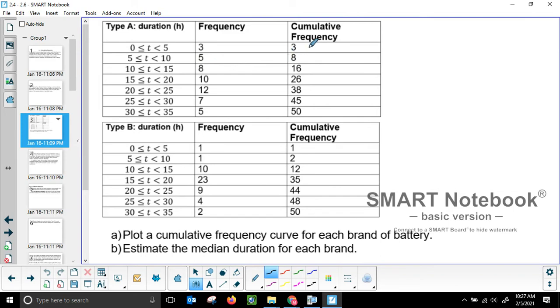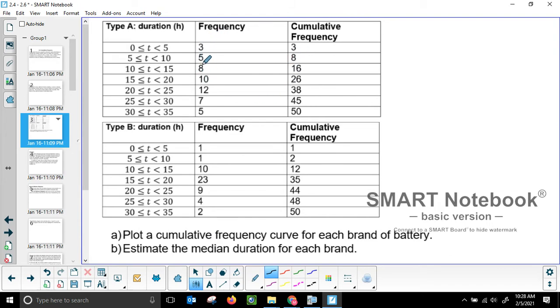Now the cumulative frequency you get from adding them all up successively. The first group had 3, so it has 3. The second group has 5. Well, 3 and 5 together make 8.